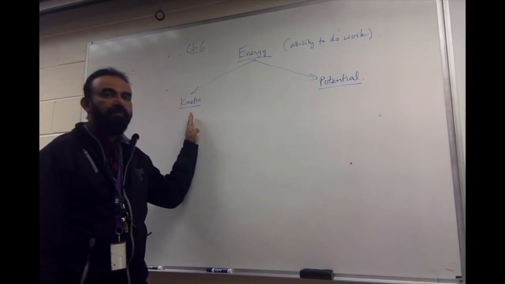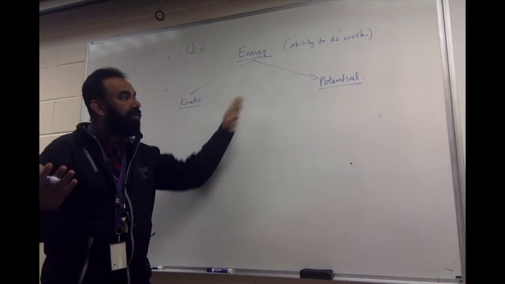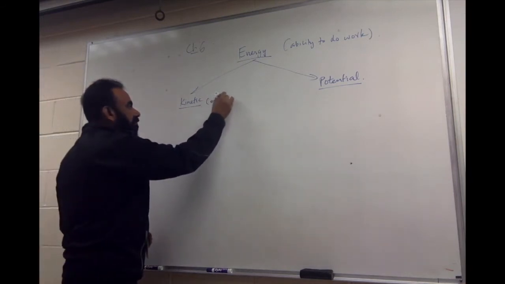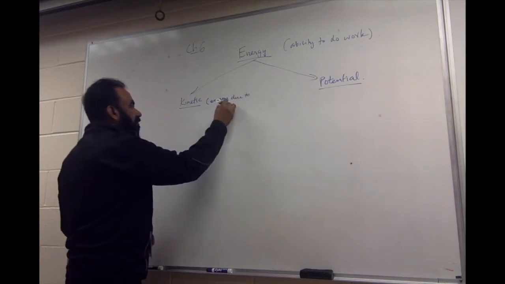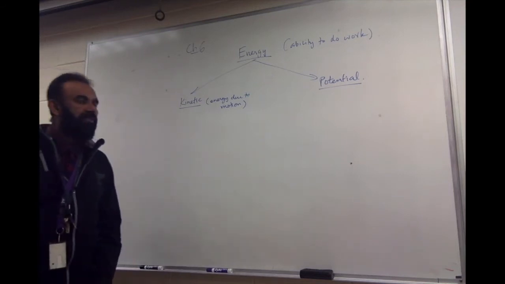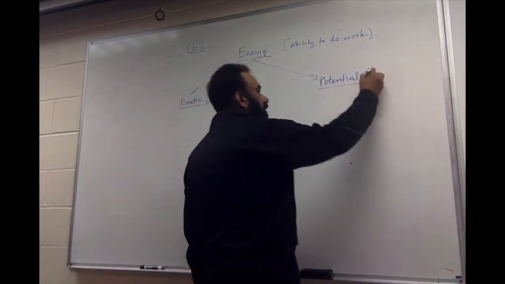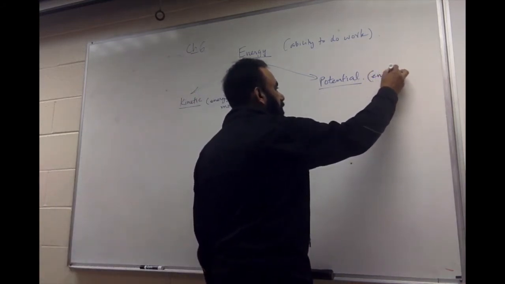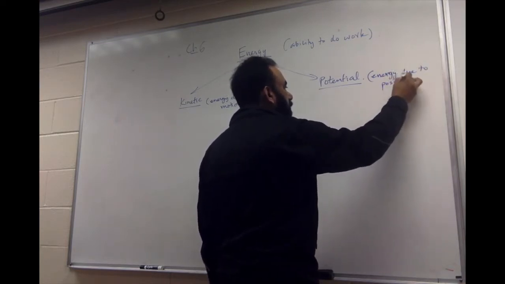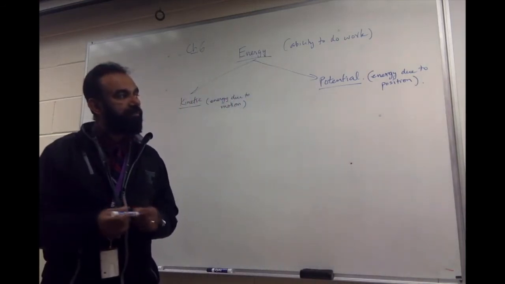So anything moving parts, they're all mechanical energies. But that may include some potential as well. So kinetic energy is energy due to motion. So if anything is moving, that is kinetic energy. And we'll get there. Potential energy is energy due to position. Energy due to position is called potential energy.